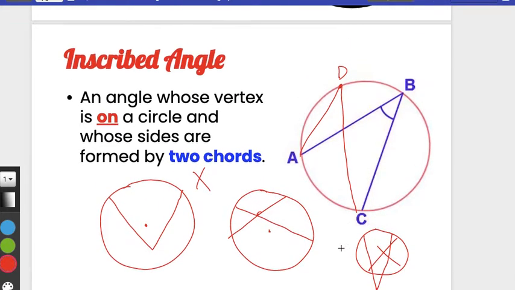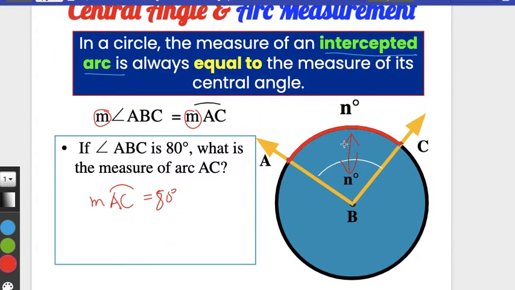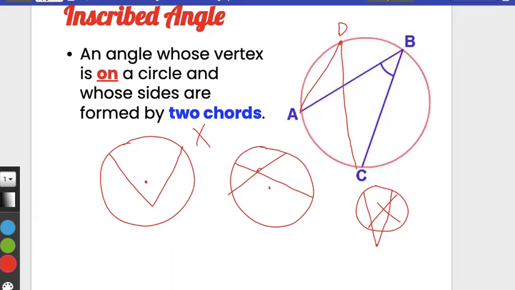Like the central angle, whose measurement is the same as the intercepted arc, as you can see, if you check these two endpoints on the circle, I also see a piece of arc. So do we have any relation between this arc and the angle measurement?